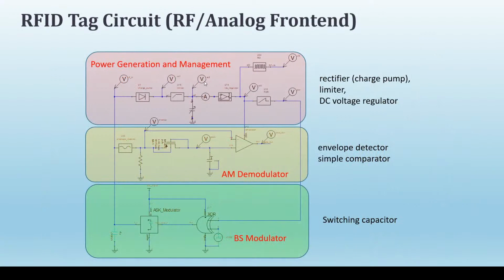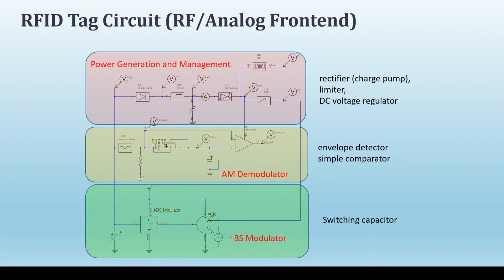Next is our RFID tag circuit. Usually we have a backscatter modulator, an AM demodulator, and our power generation and management, like a voltage regulator, rectifier type of thing.